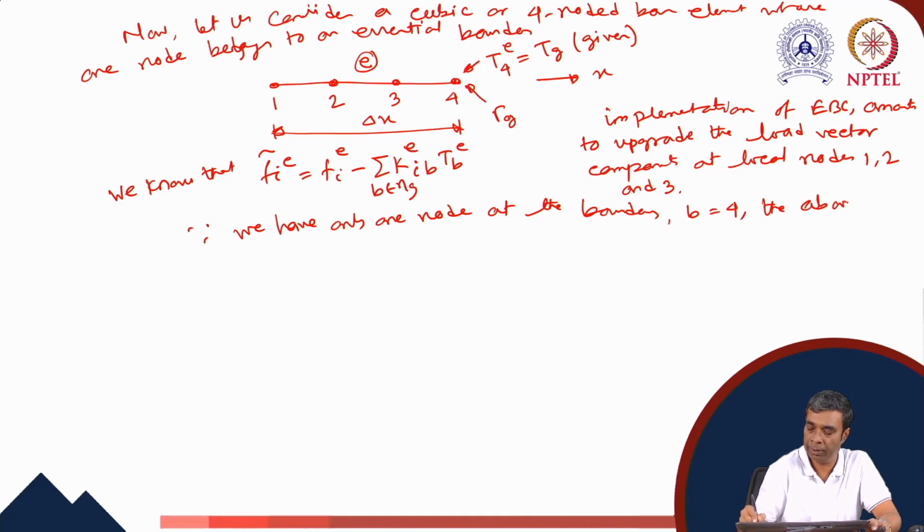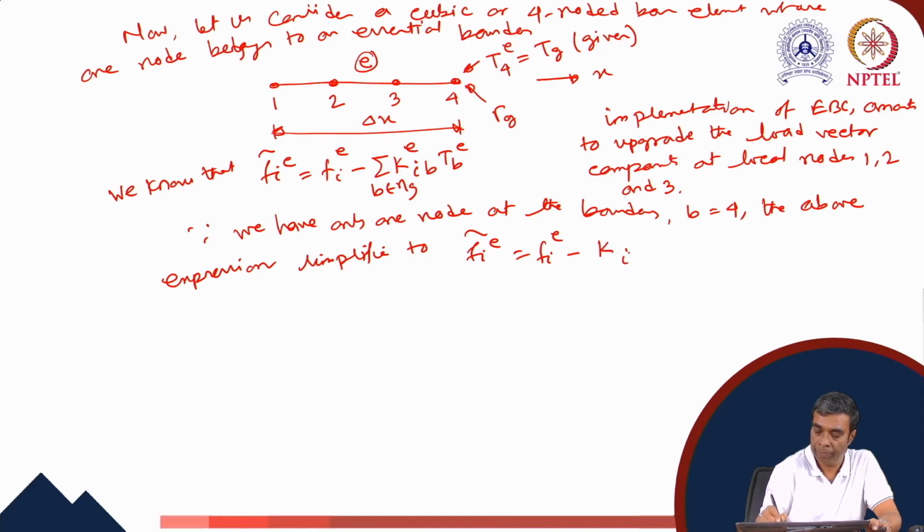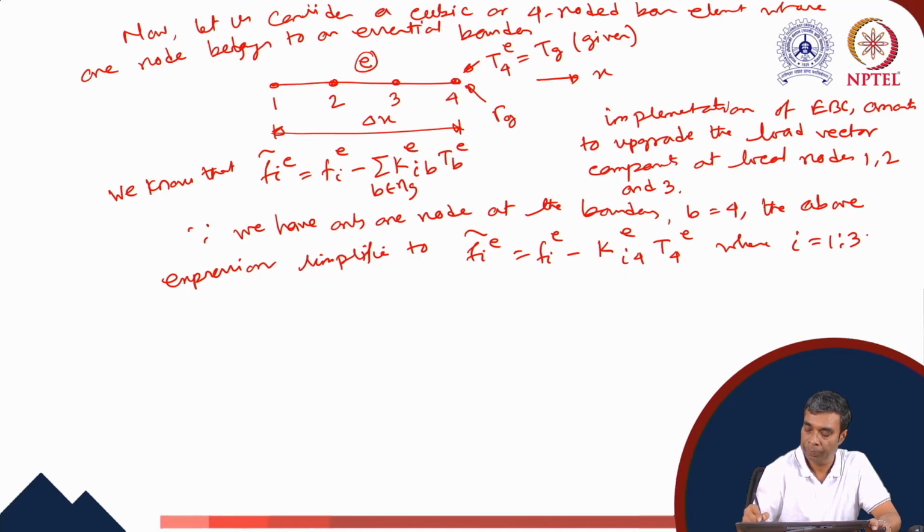The above expression simplifies to FIE tilde equals to FIE minus K I4E T4E, where I is varying from 1 to 3 only for the unknown nodes.